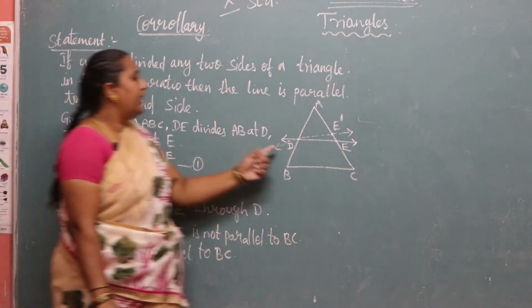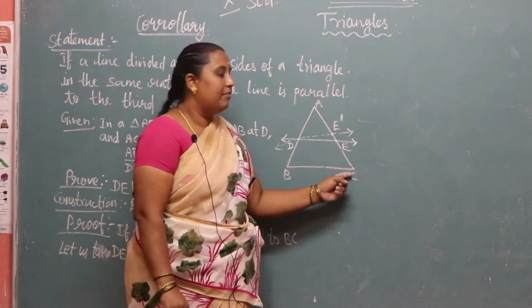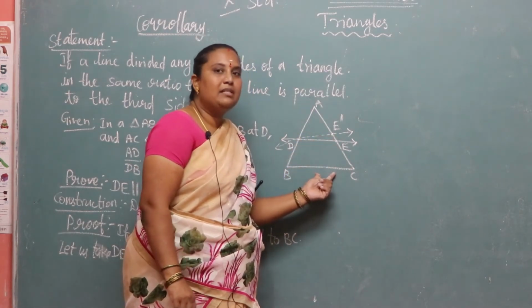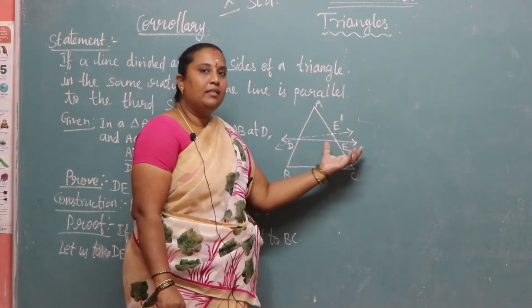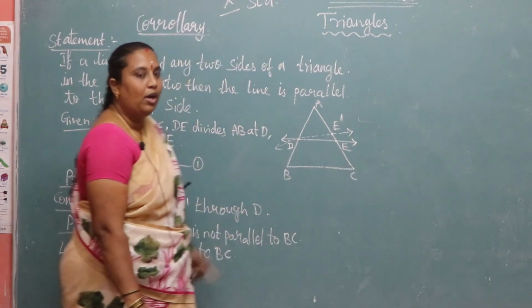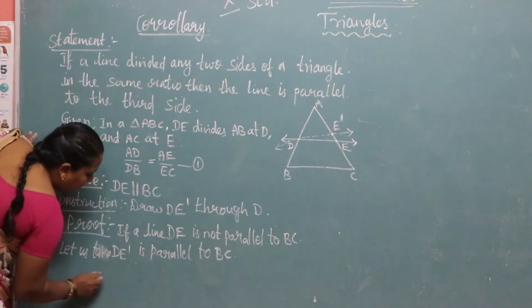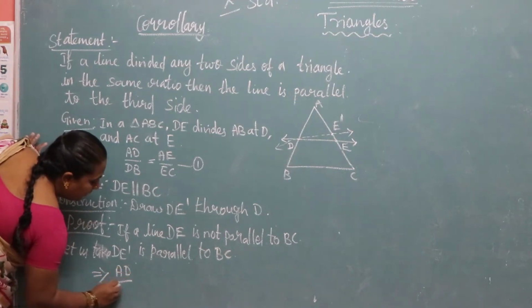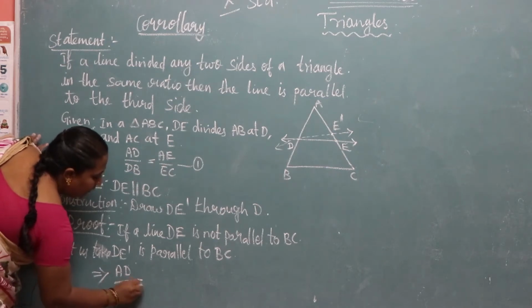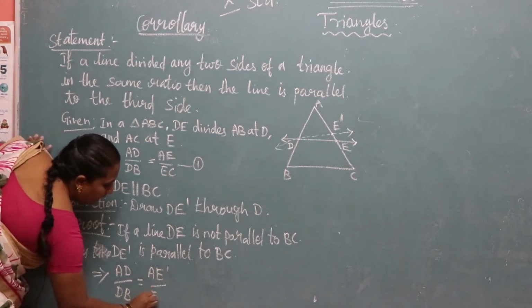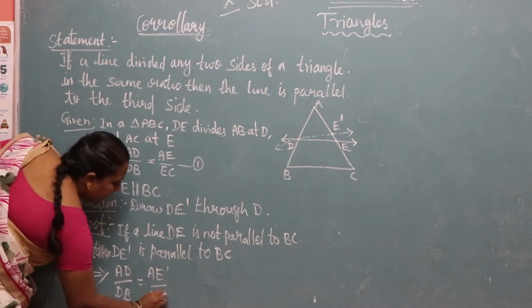DE dash is parallel to BC means that this line divides the two sides of the triangle in the same ratio. So for that we can write AD by DB equals AE dash by E dash C.